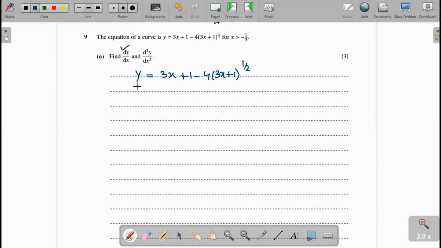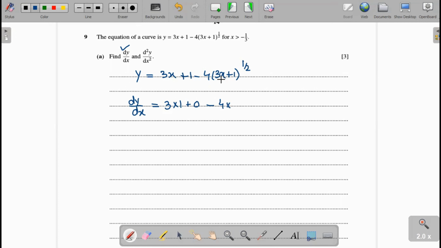Now differentiate to get dy over dx, that is equal to 3 into the derivative of x, which is 1, and the derivative of 1 is 0, minus 4 times the derivative of 3x plus 1.